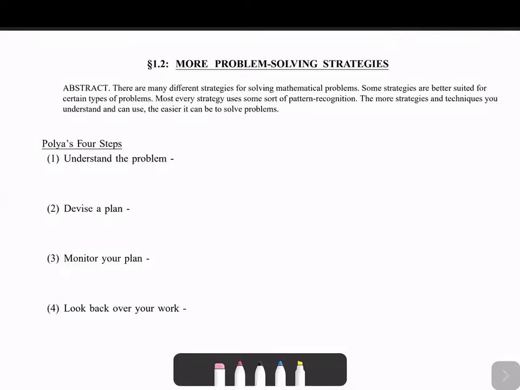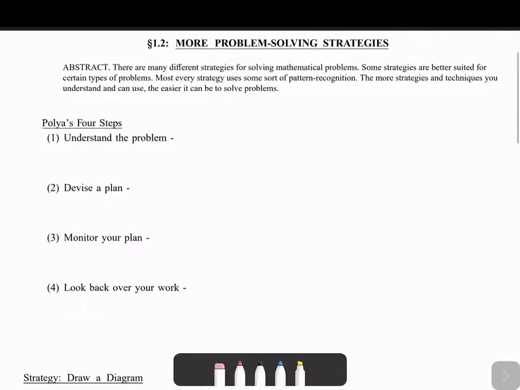Okay, so before we go into the different strategies from section 1.2, I wanted to just go over the four-step approach to problem solving one more time. So remember, the first step is to understand the problem.